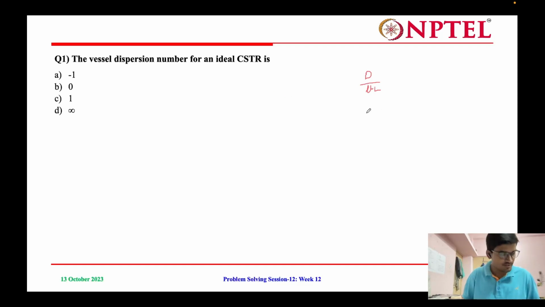For an ideal CSTR, D by UL is infinity, and for a PFR, it is 0. So, as the question asks for the ideal CSTR, the answer is D.